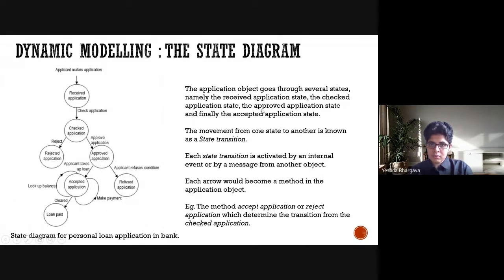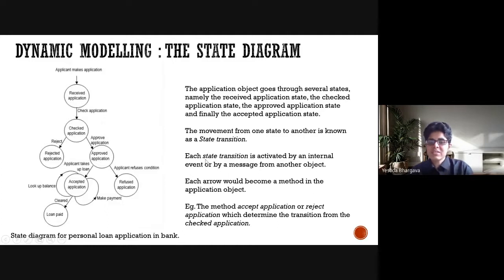The movement from one state to another is known as a state transition. So at the first level, the system is in the state of received application, and then it transitions to checked application, wherein the application is checked based on the method of check application.